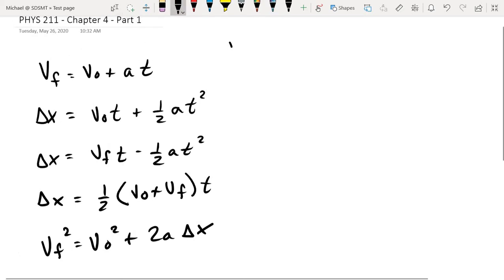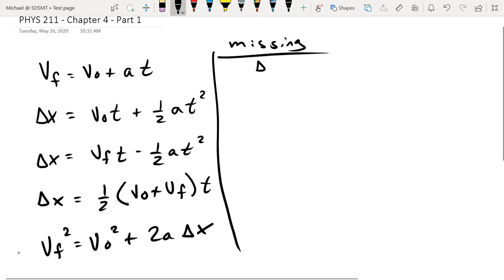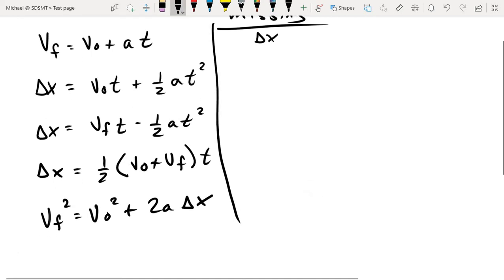And then we have what I like to call our missing column. So these are the terms that are missing entirely from the equation.